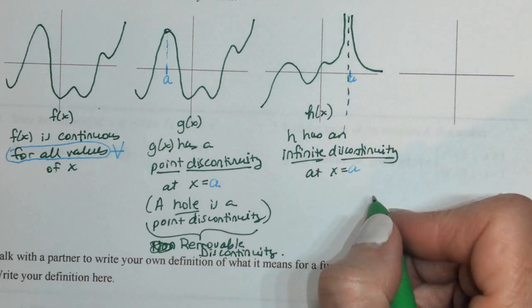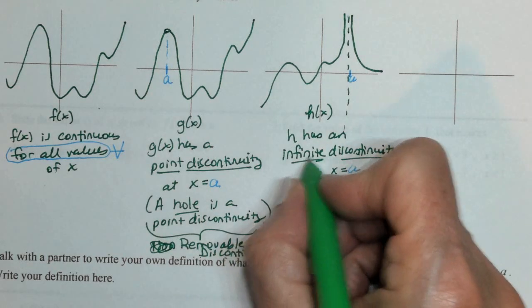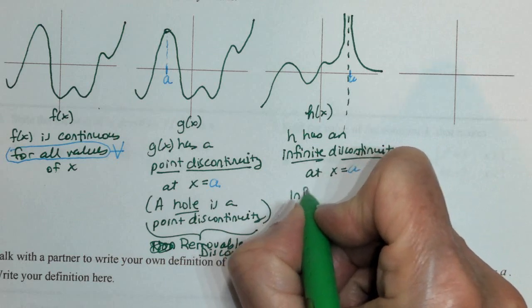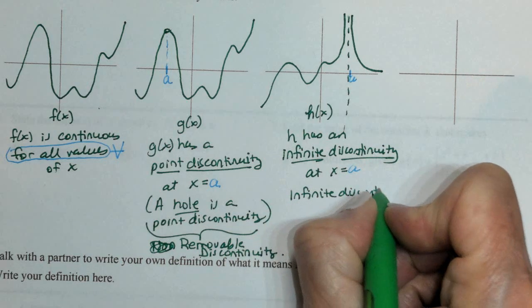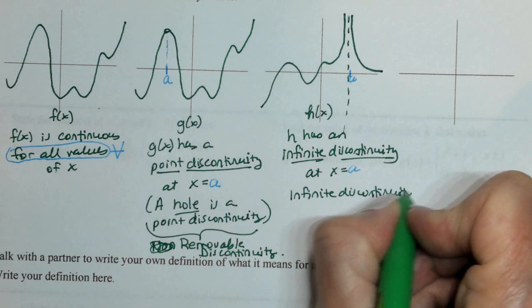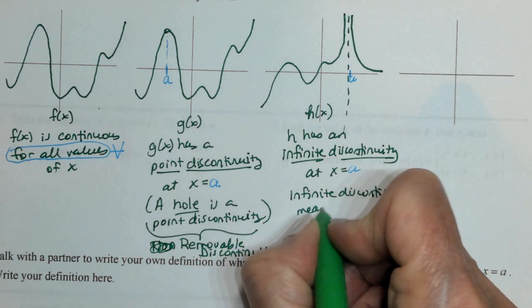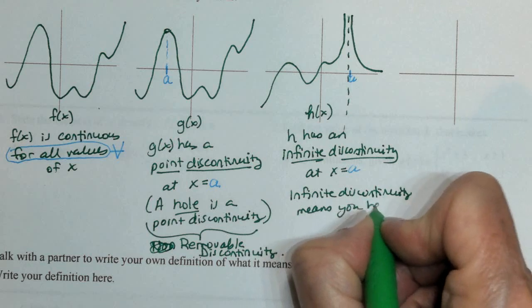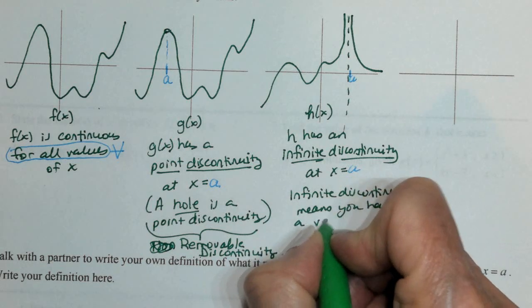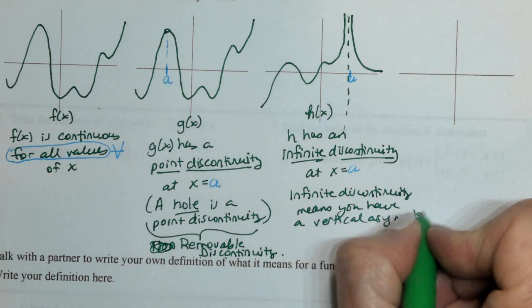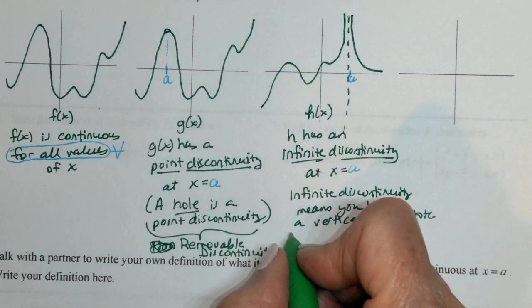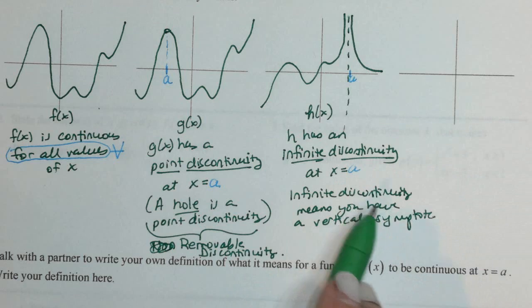An infinite discontinuity means you have a vertical asymptote, and this is not a removable discontinuity. We call it a non-removable discontinuity.